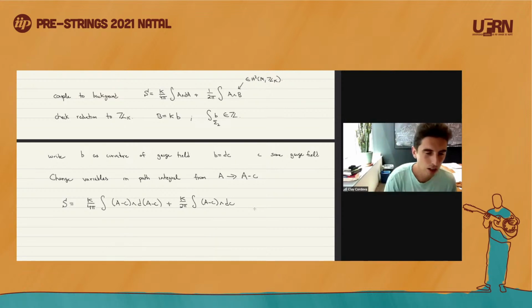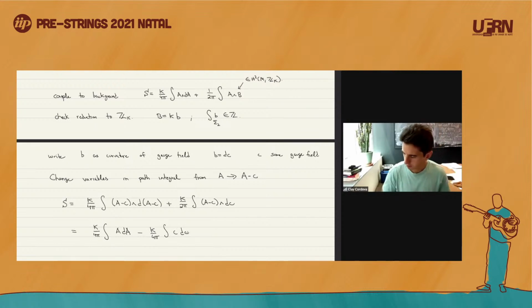So I claim that this is the same as saying k over 4 pi A dA minus k over 4 pi C dC. Here I'm using the fact that I can shift variables because I'm integrating over A. So this is the same.